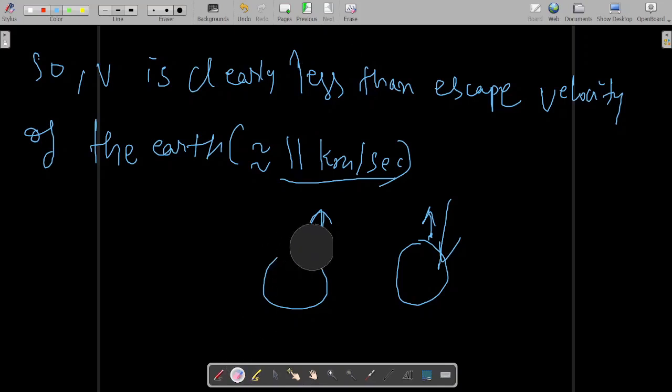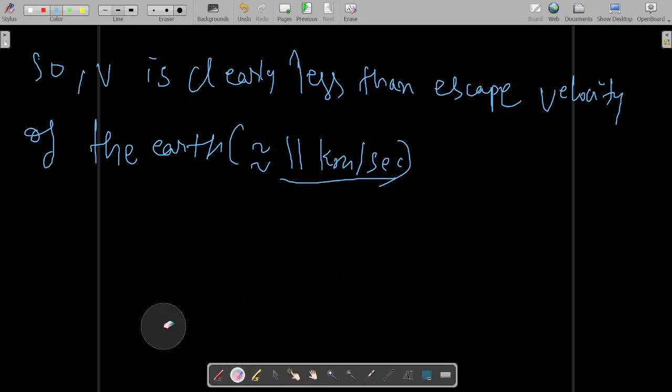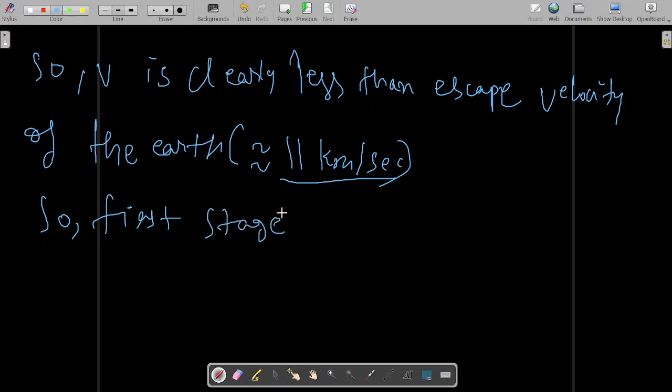Let us erase this. So first stage rockets cannot attain this. This is the limitation of the first stage rocket.